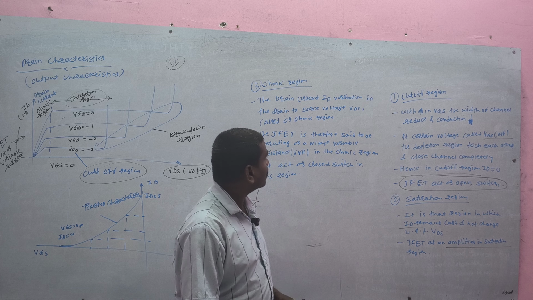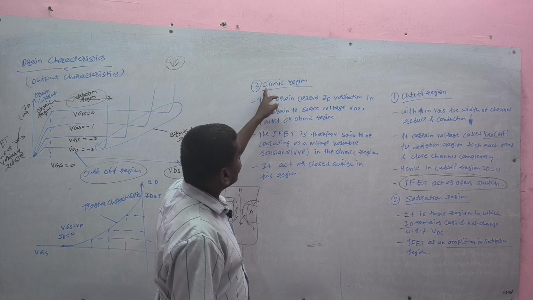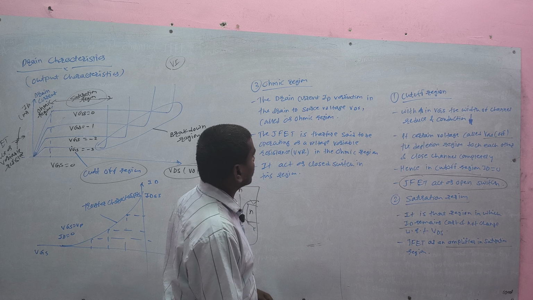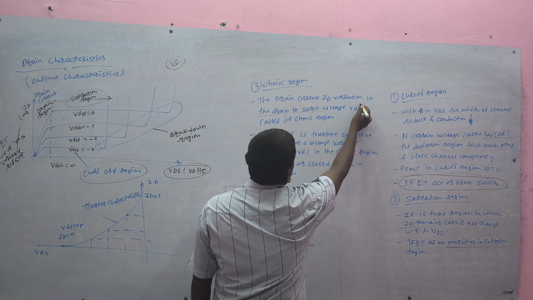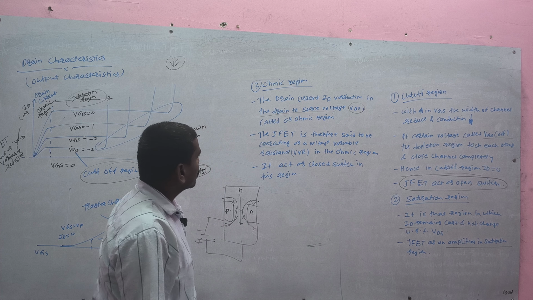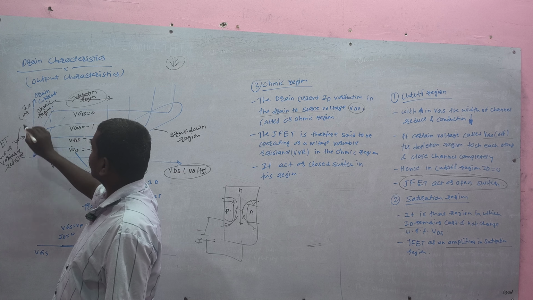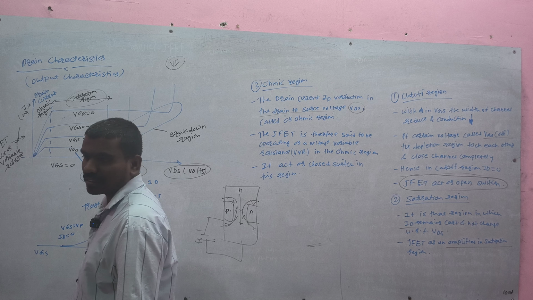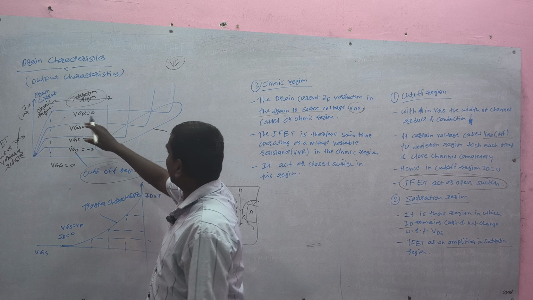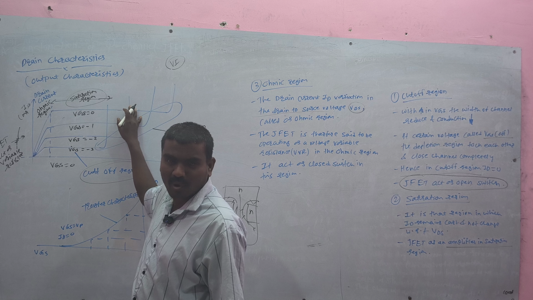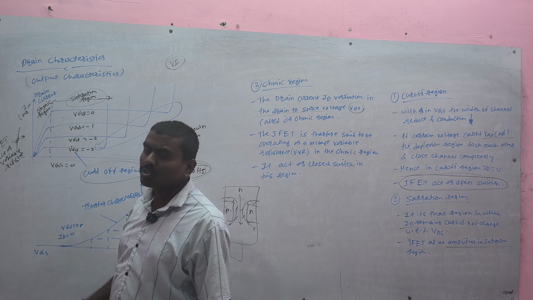Then next, the ohmic region. In the ohmic region, there is variation of drain current ID with respect to variation of drain to source voltage VDS. So in the saturation region ID remains constant, but here if we change VDS, ID also changes.